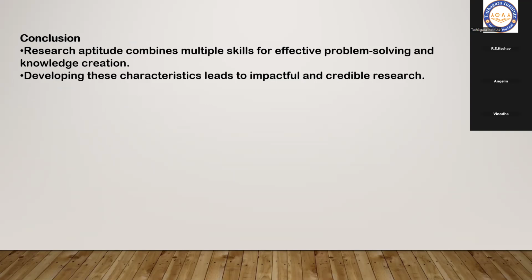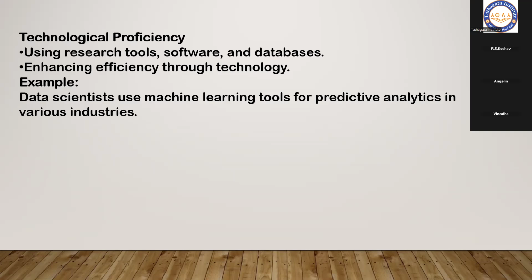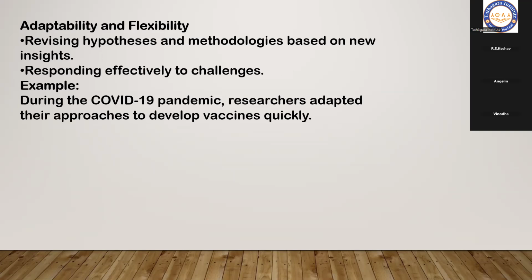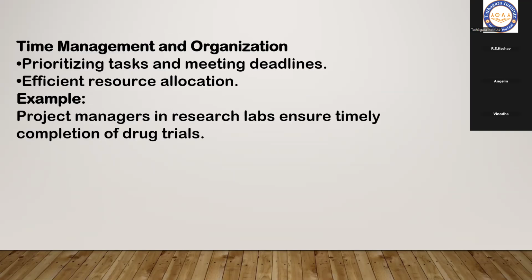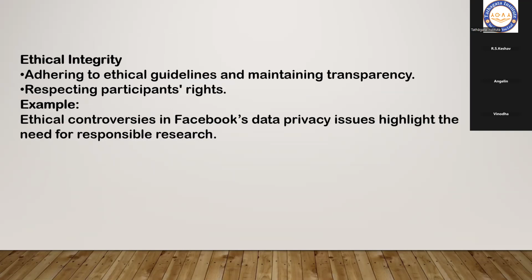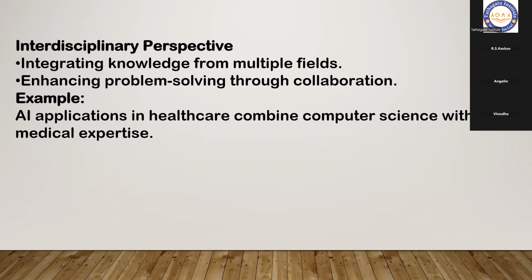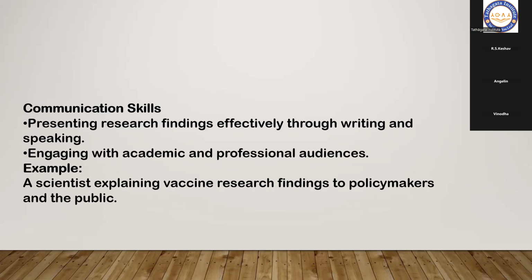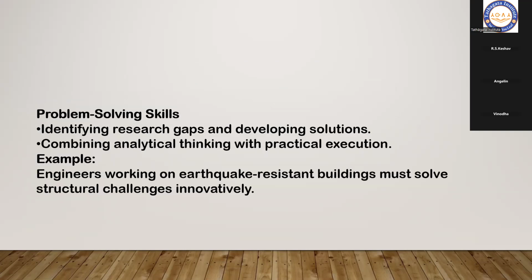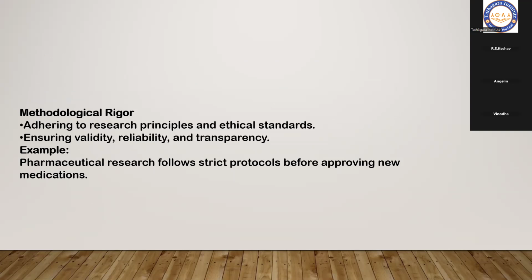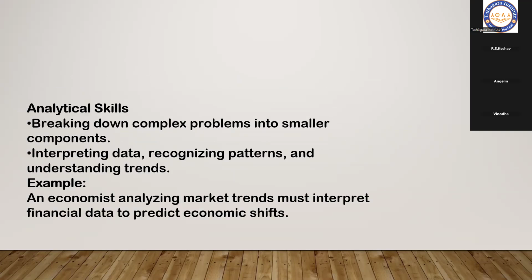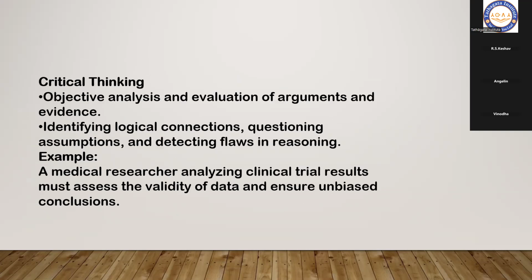So the last one, this is the conclusion. Research aptitude combines multiple skills. What are the multiple skills? Technological proficiency, collaboration, teamwork, adaptability, flexibility, time management, organization, ethical integrity, interdisciplinary perspective, perseverance, resilience, communication skills, attention to detail, problem solving skills, methodical rigor, creativity, curiosity, inquisitiveness, analytical skills, and critical thinking.